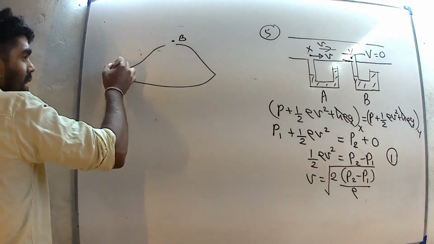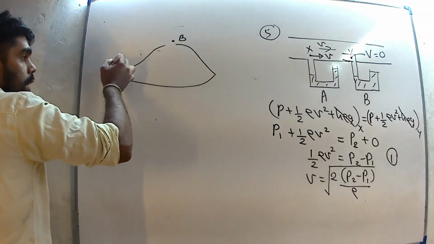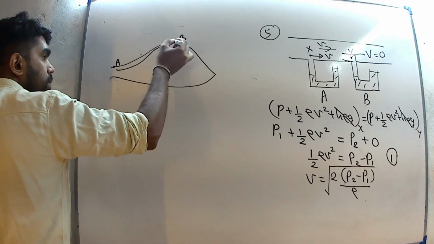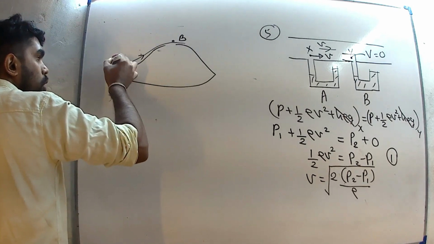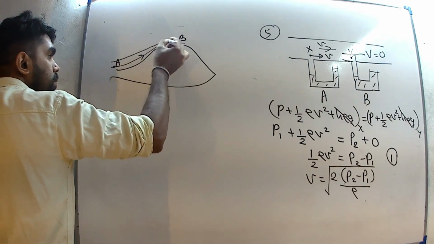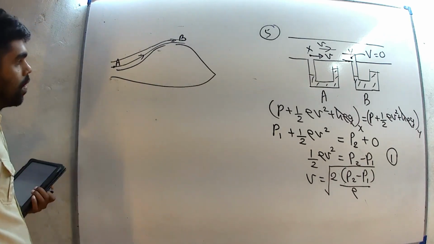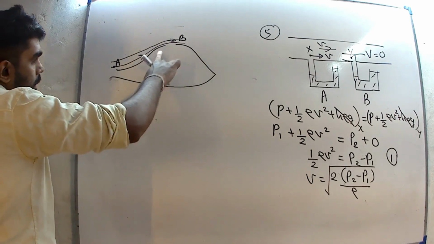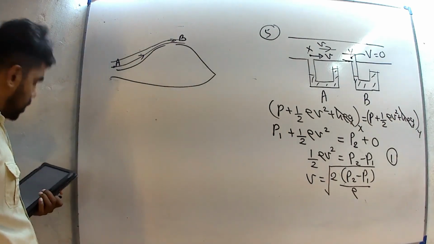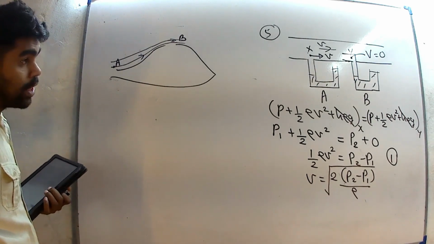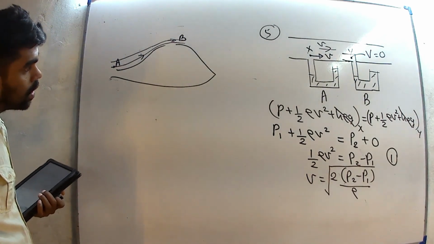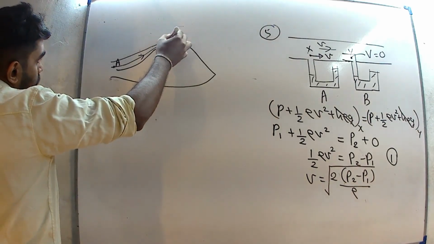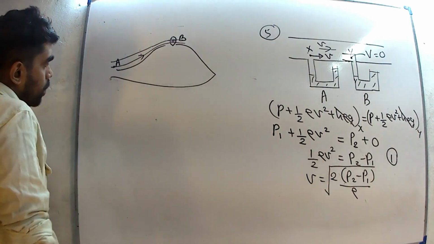Relative to this shape, the airflow will be like this. We can draw flow lines like this. In considering flow lines, it is due to the shape of the given cave.